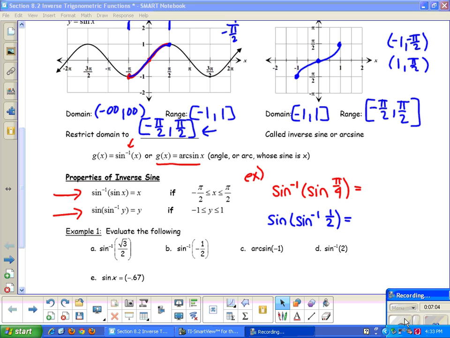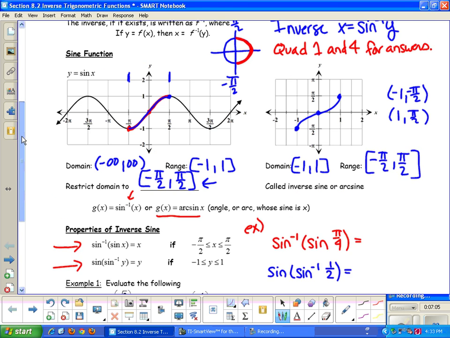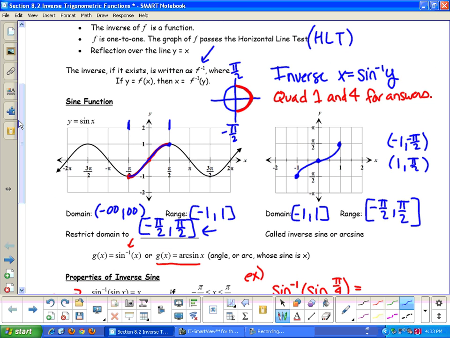So let's do some examples to think about this. So remember up here on the sine graph, when we're evaluating this on my unit circle or on my graph, I'm taking the sine of an angle and I'm getting answers that are in between -1 and 1. Well, if I'm doing the inverse where I'm switching that, then I'm given things that are on my unit circle and I am trying to figure out, well, what angle would that be then by using my inverse?